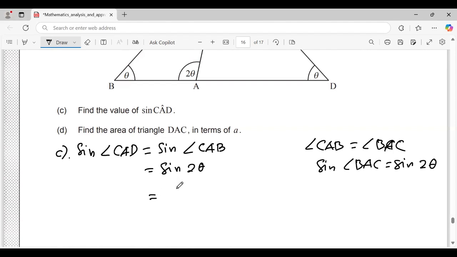So sine 2 theta is 4 square root 5 over 9.